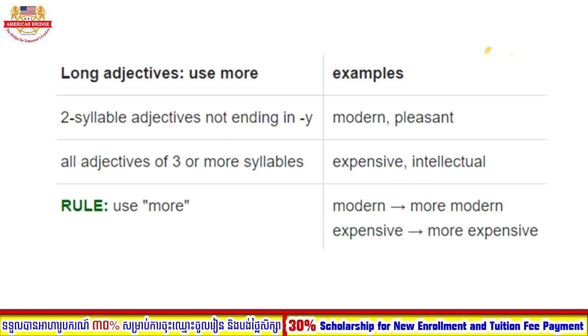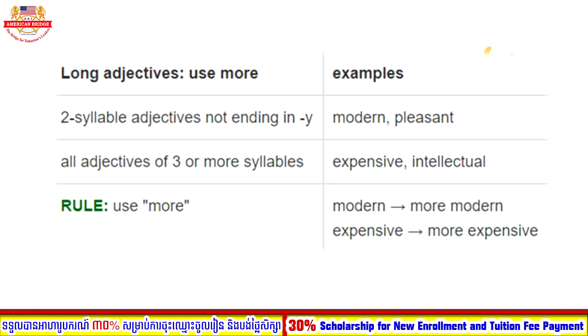Got it, everyone? All adjectives of three or more syllables, like the words expensive and intellectual, we have to add more to make the comparative. Example, modern to more modern, expensive to more expensive.